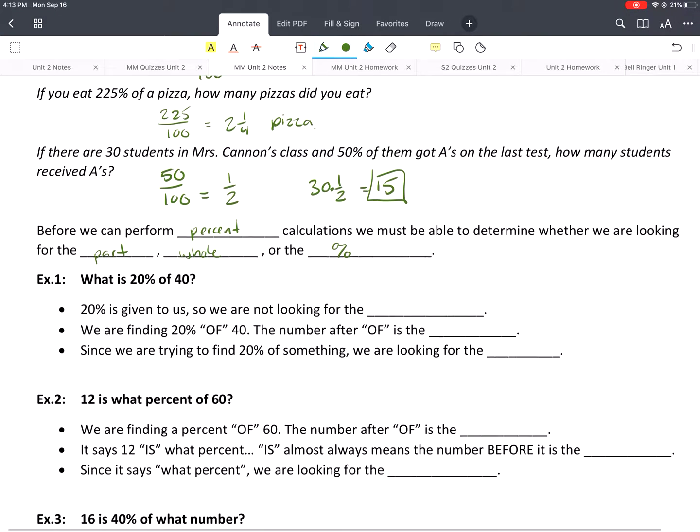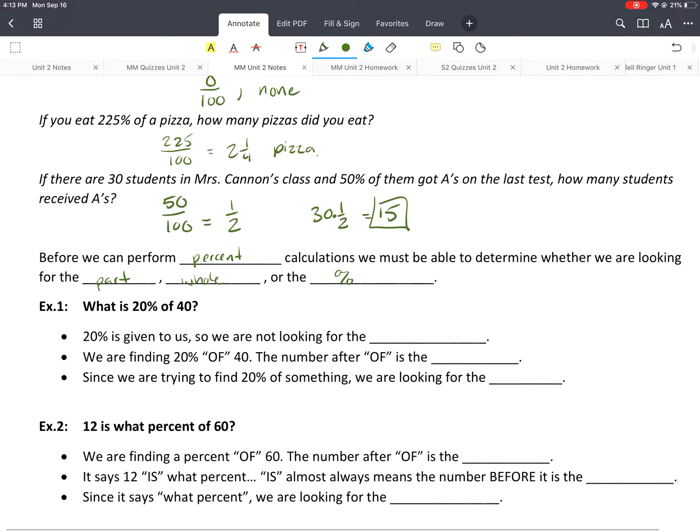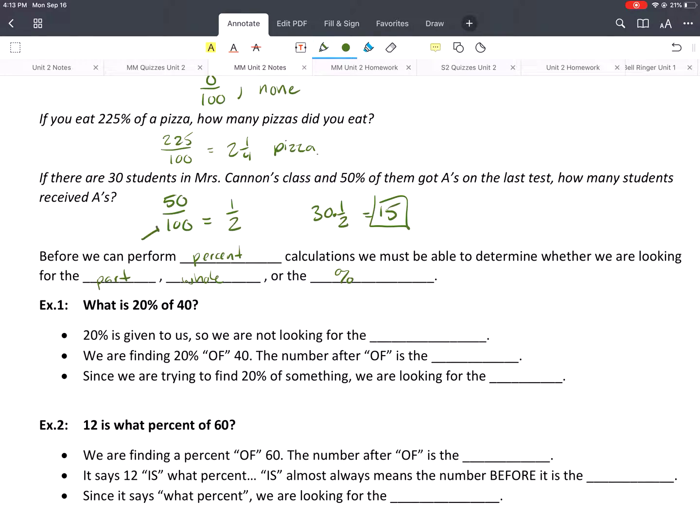For example, this would be a whole. Maybe I should write here. This would be a part of the whole, and then the percentage would be like what we already have here, like 50%. So we're looking at situations where we would have a whole, a part, or a percent.